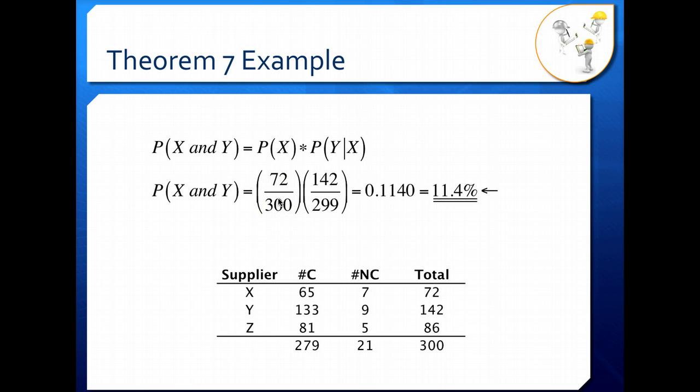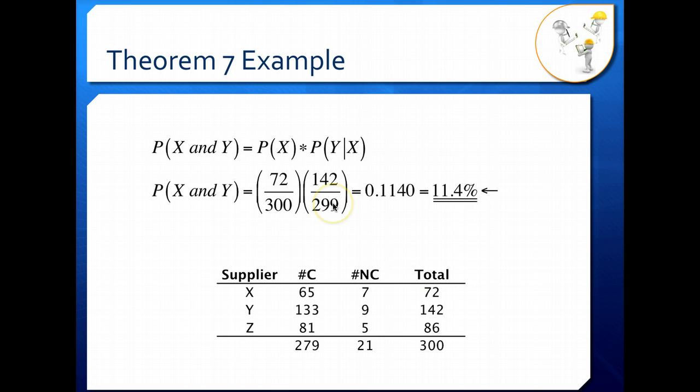Now, we take that part out, whatever it was, and we put it to the side. That means instead of 300 parts in our box, we have 299 because we took one out. So when we're looking at the probability of selecting a part from Y, we still have 142 because we're assuming that the first part that we pulled out was a part from X. So we're assuming that this occurs.